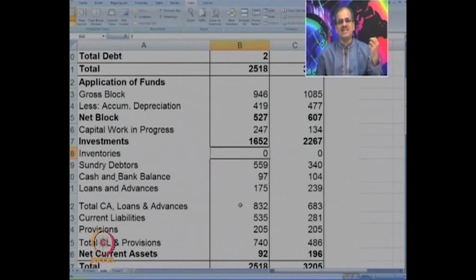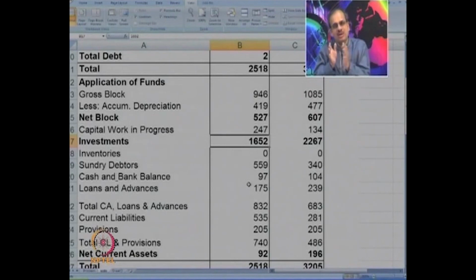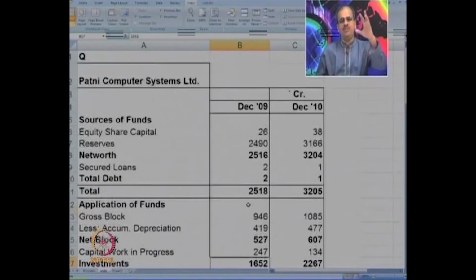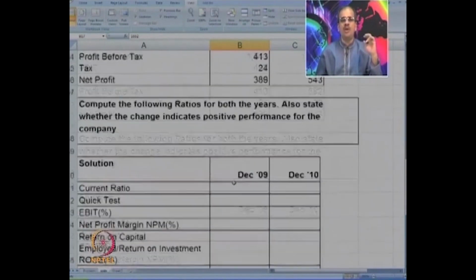You will also realize that net current assets are very low, they are only 92. Investments are a relatively high figure. So, it looks like the company has a lot of excess cash, and it is investing it in various investments. Also look at their profitability record. Okay. Now, after this broad view of the financials of the company, let us try to analyze in detail by going for the ratios.